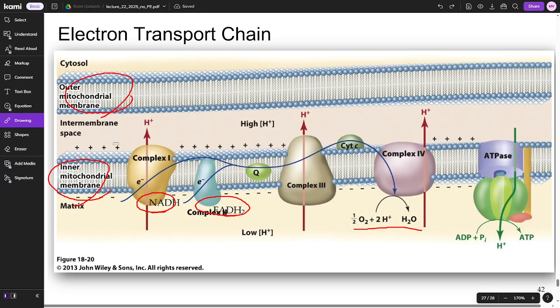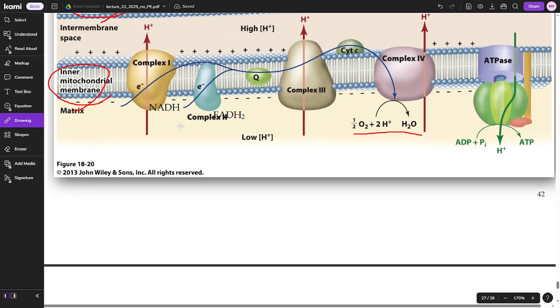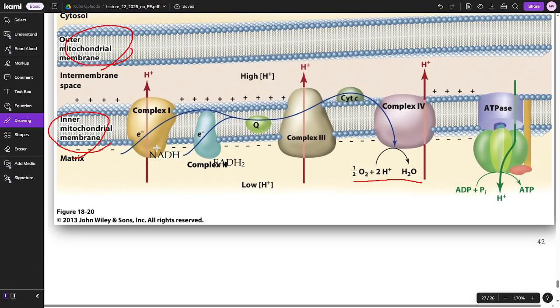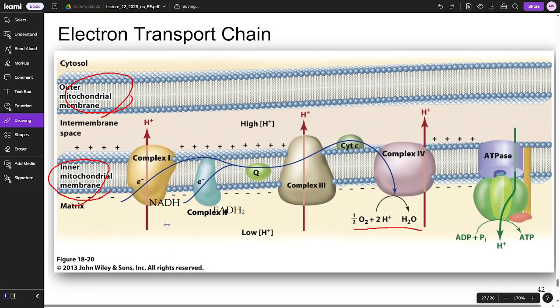I will briefly discuss this as every time an NADH goes through, or anytime an electron goes through these complexes, a proton is pumped from the inner area of the matrix to the intermembrane space, and that goes against its concentration gradient.